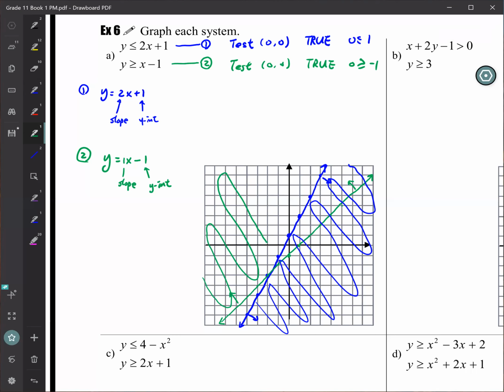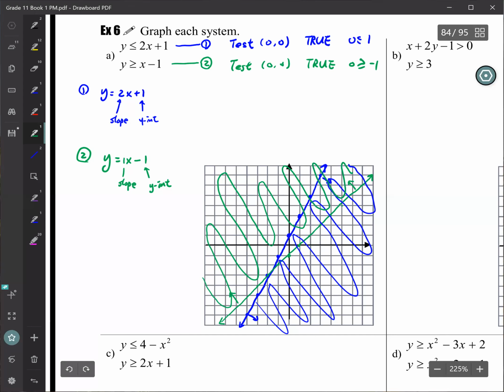Okay, give me 1 sec. Okay, so let me finish the graph. Okay, so here's the green.